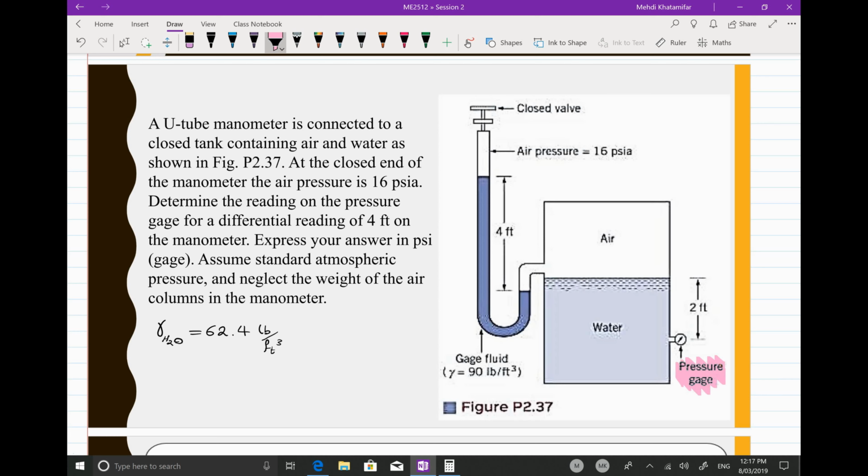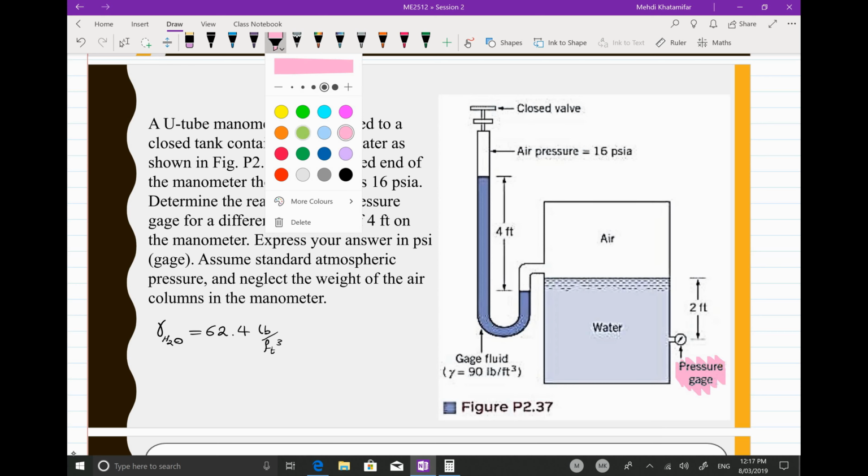Okay, let's investigate. If I want to find this pressure gauge, I need to find whatever liquids are above that point. The pressure because of those liquids is going to show me the total pressure at that pressure gauge. So what do we have here? Here I have water, but not the whole depth of the water, just a piece of water which is above this pressure gauge.